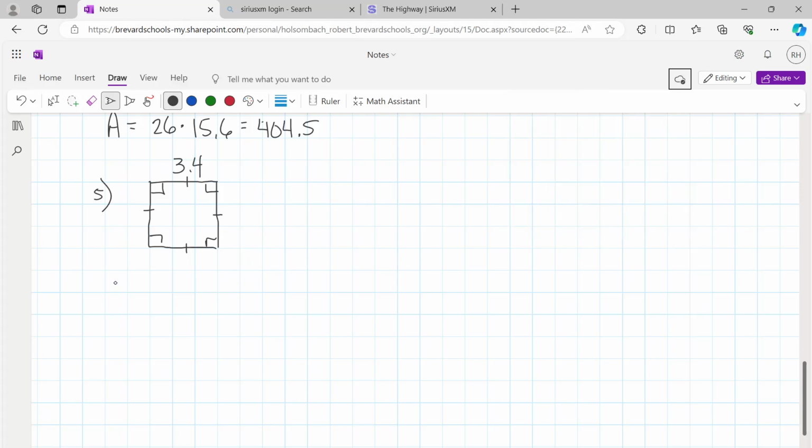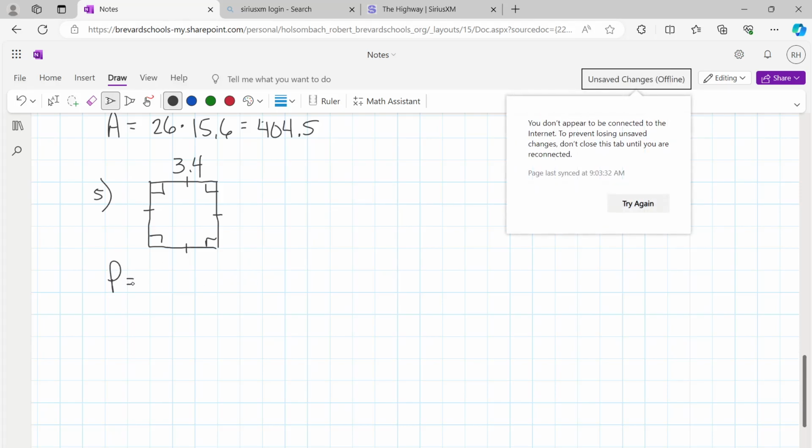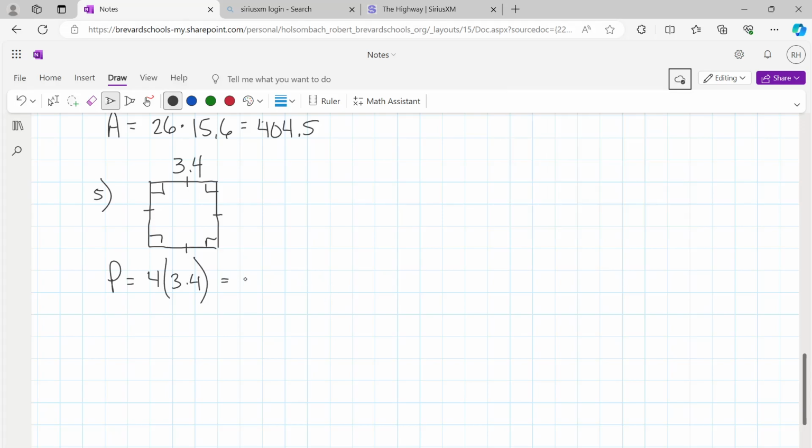So the perimeter of this square is the sum of the sides, or one side, times 4. So 4 times 3.4. 13.6.